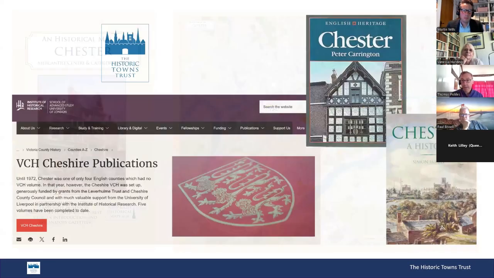Now, we were very lucky in approaching this for Chester. Not being the experts on Chester, we were fortunate to have a two-volume Victoria County History for the city, which was produced in the 2000s under the editorship of Alan Thacker and Chris Lewis.